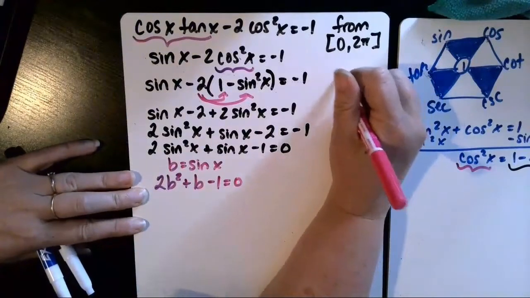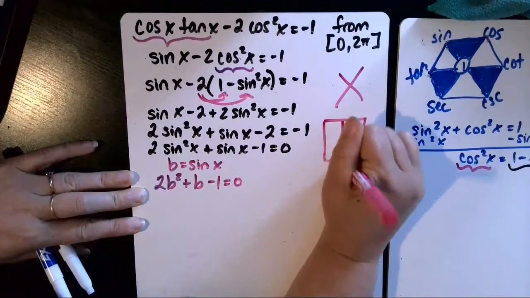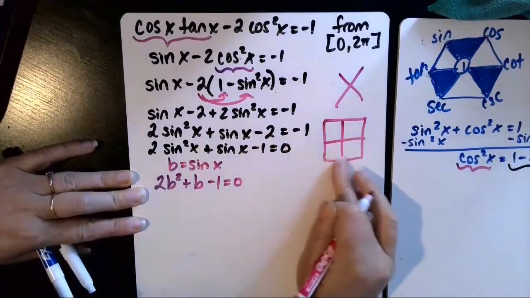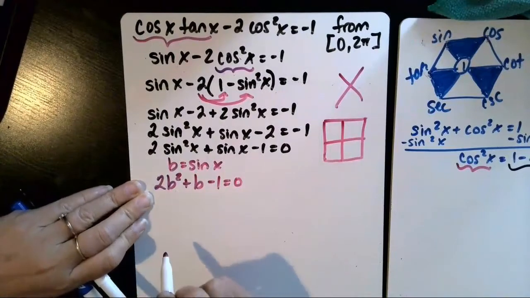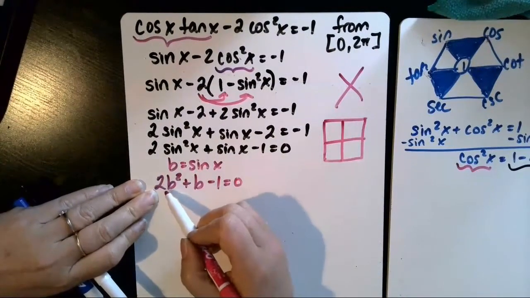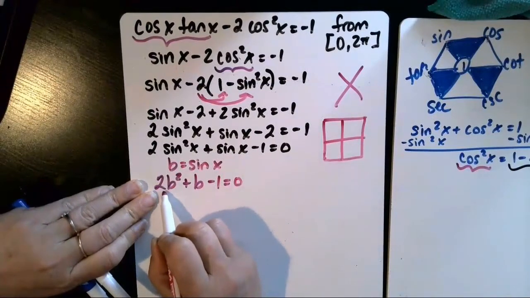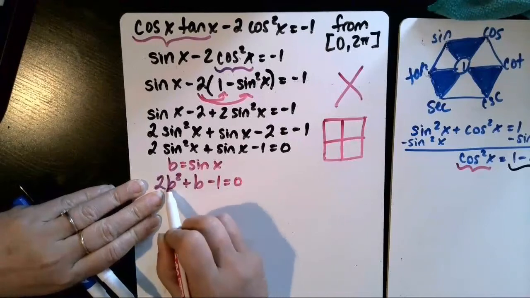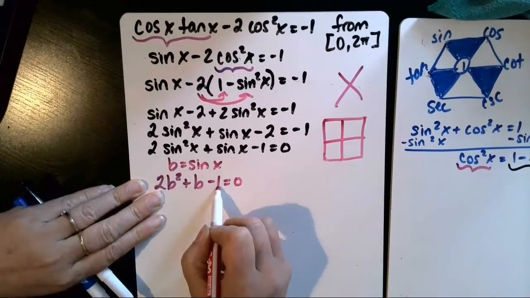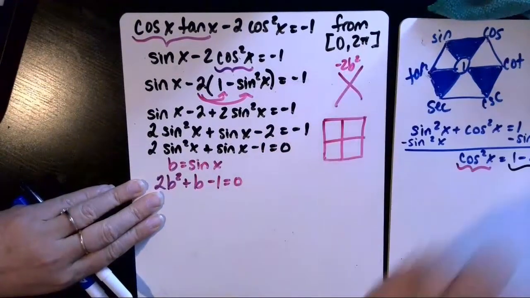I'm going to use the crisscross and the box graphic organizers to help me factor this quadratic trinomial since the leading coefficient is greater than 1. When you're doing the crisscross and the box approach, you multiply your first term and your last term. So 2b squared times negative 1 would go up here, and that would be a negative 2b squared.